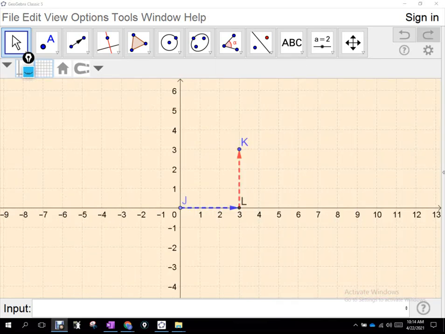So if you wanted to move from J to K, the origin to this position in two-dimensional space, you told me that you would move 3 right, 3 up, right?